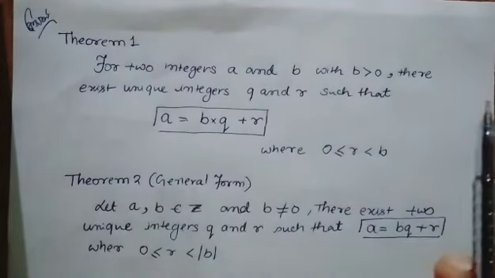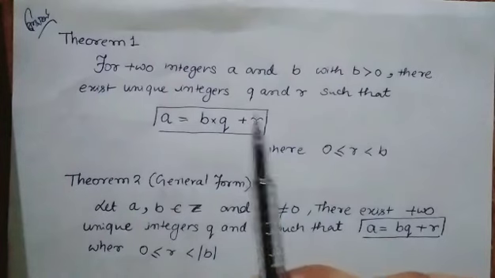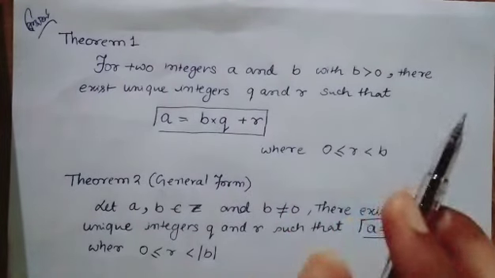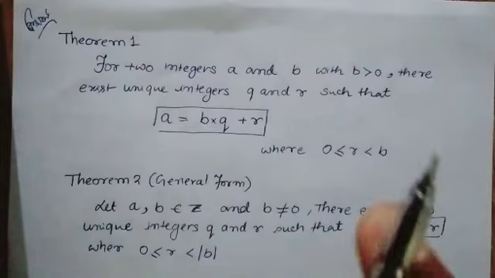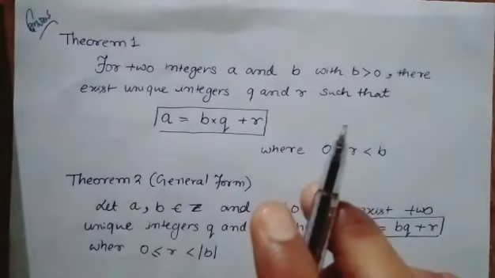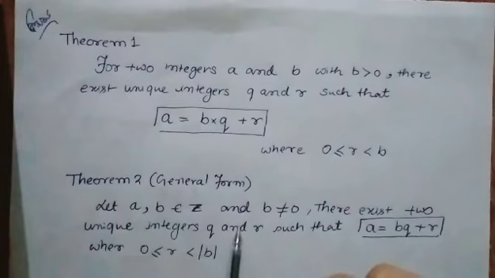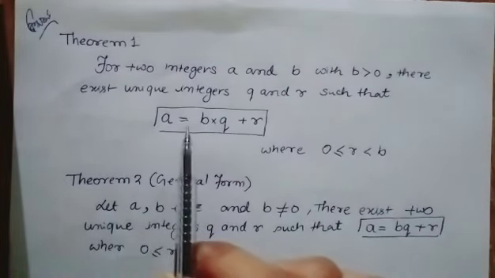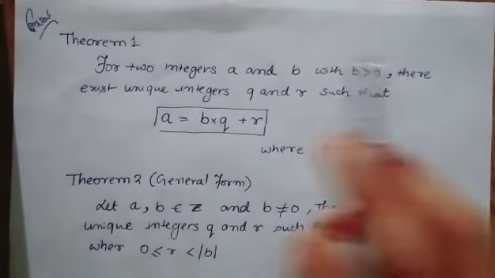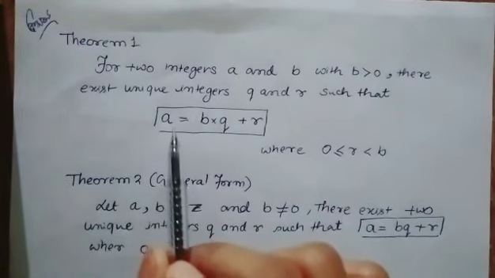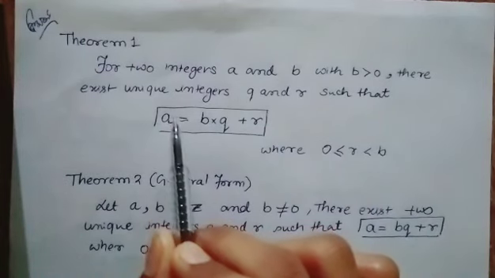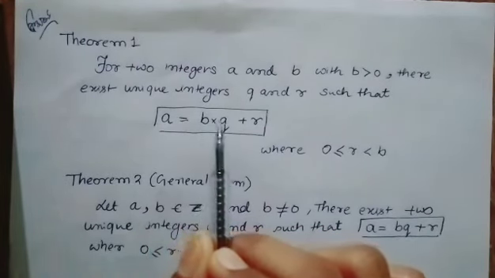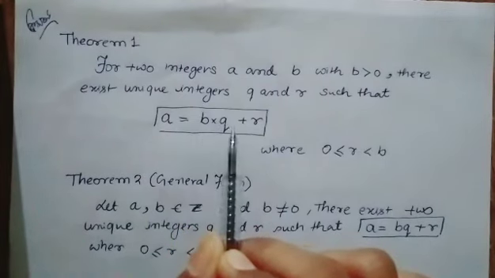Then there exist unique integers q and r such that this condition is satisfied. This relation is nothing but dividend equals divisor into quotient plus r.